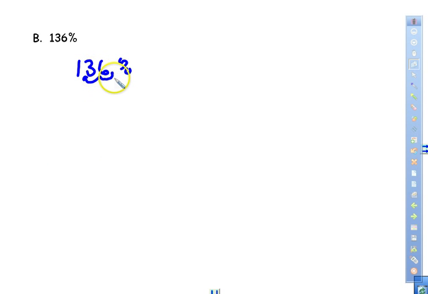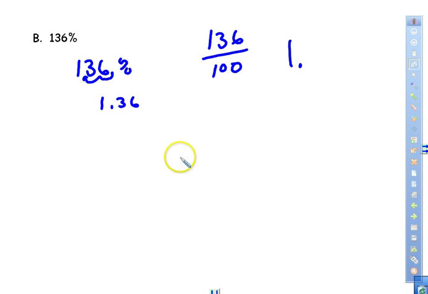And so when we do that, we get 1 and 36 hundredths. Okay? Now if we were to take 136 and write it over 100, you would have to divide that again. Well, we have one whole already in this, and so you can say that's going to be one whole. That's in front of the decimal point.